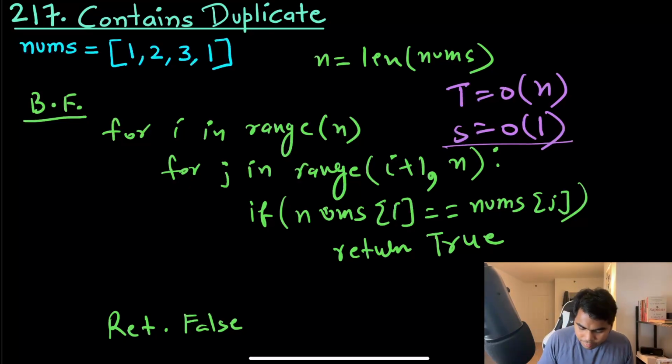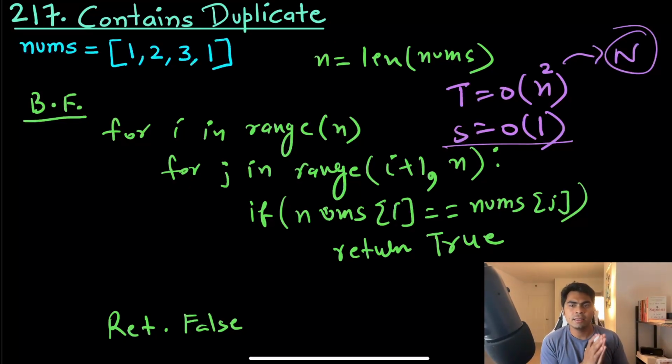But we need to bring down this time complexity, which is n square in this case. My bad, I wrote big O of n. So this is n square. We need to bring it down to n, because n is considered a really decent time complexity.